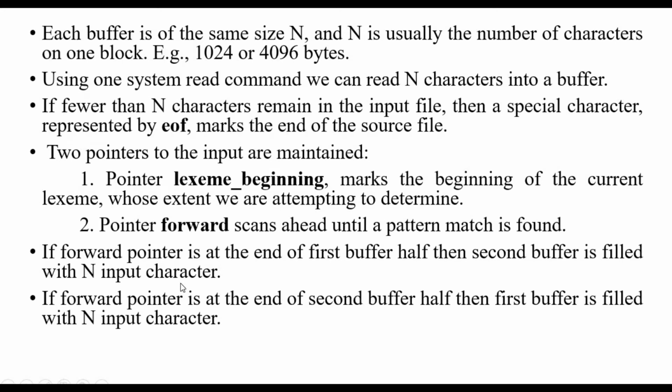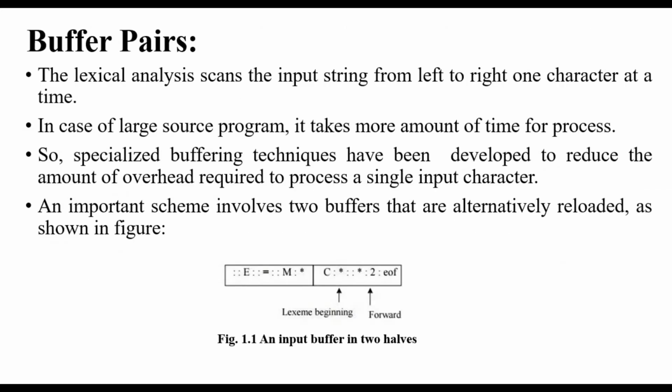If the forward pointer is at the end of the first buffer half, then the second buffer half is filled with input characters. If the forward pointer is at the end of the second buffer half, then the first buffer half is filled with input characters. As shown in the figure, if the first buffer half is completed, then it loads the second buffer with n input characters.